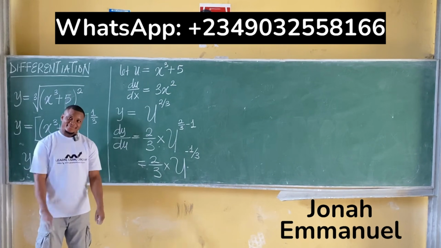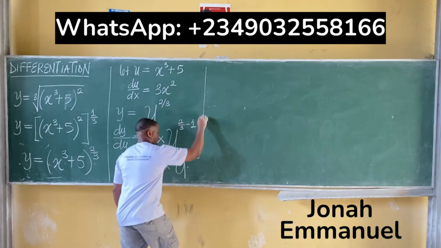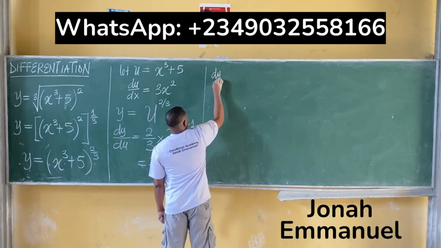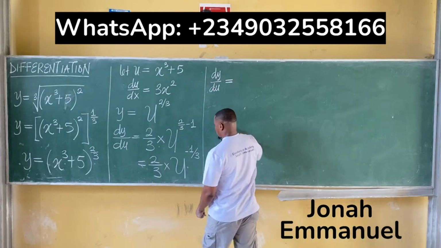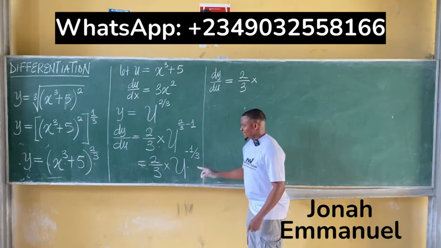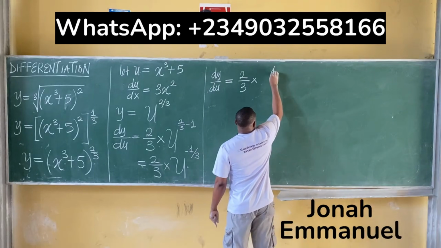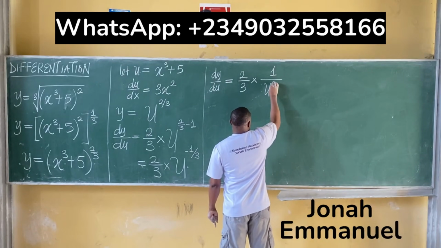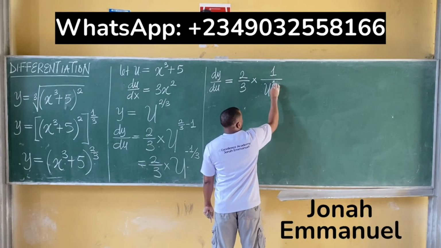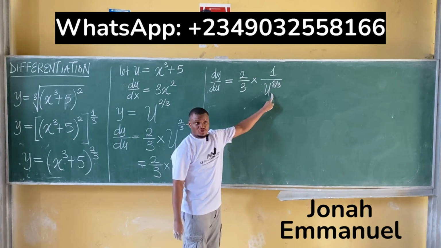Collect your LCM. From here, dy/du is equal to 2 over 3 times, to eliminate the minus, what do you do? Take the inverse. So it becomes 1 over u to the power 1 over 3. This can be written as the cube root.